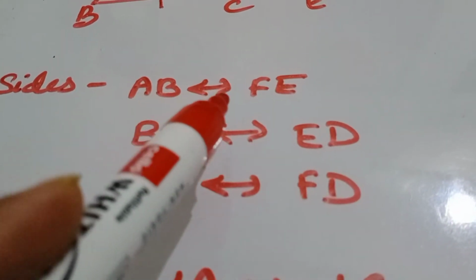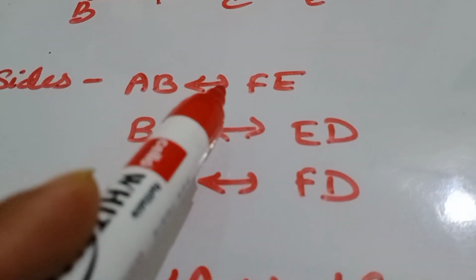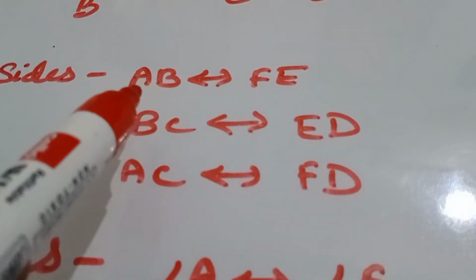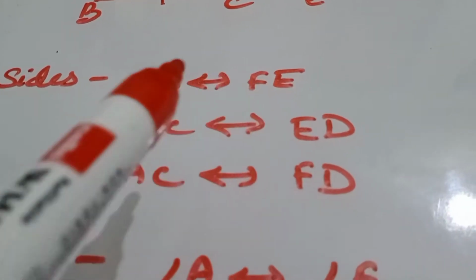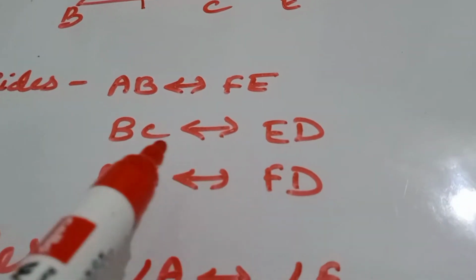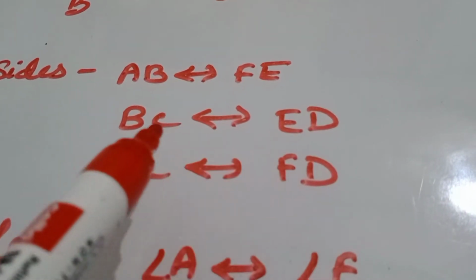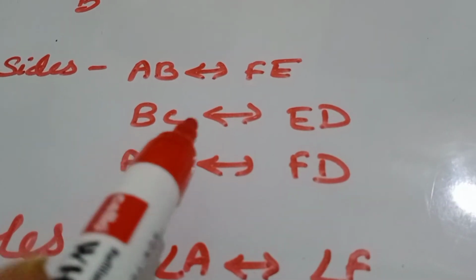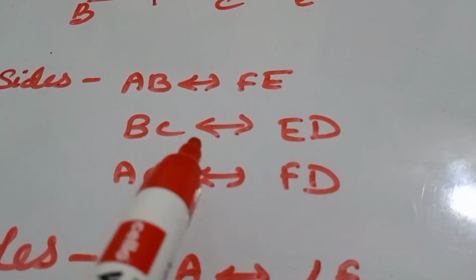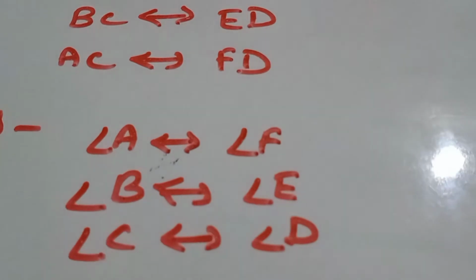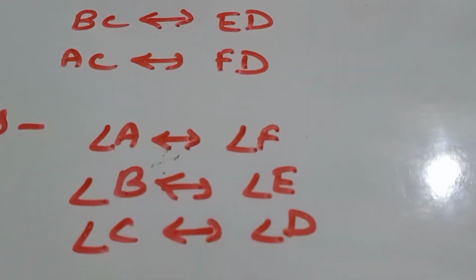It means these two arrows: this can be equal to this and this can be equal to this. These arrows imply that they are congruent and they are equal. BC is ED and ED is BC. So we usually put these two arrows.